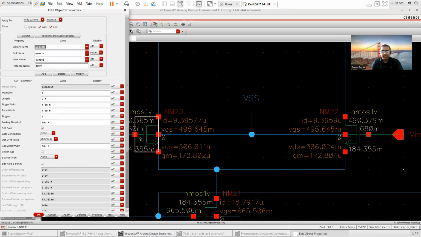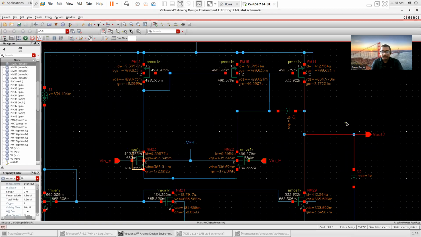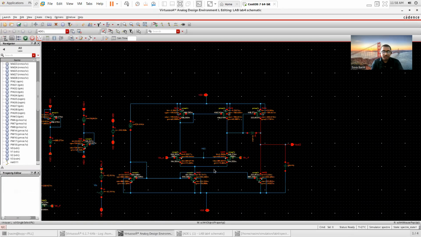If I can increase my GM, my gain will some increase. And GM is also related to width. If I can increase the width, then my GM will increase. In the long run, my gain will increase a bit. But you have to check every time if all of this MOSFET should be in saturation mode.